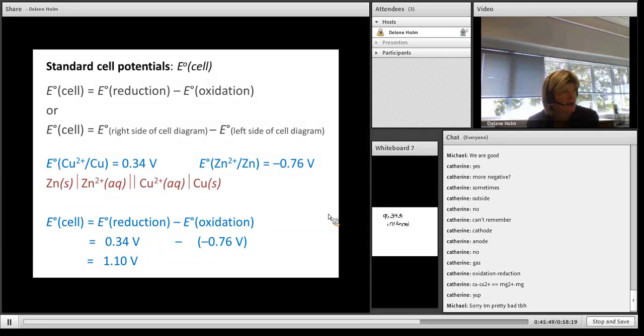And the way we do it is we say the voltage of the cell is, if we take the reduction potential of the reduction half reaction and the reduction potential of the oxidation half reaction, and subtract that from there, if we get an answer that's positive, the reaction is going to work.